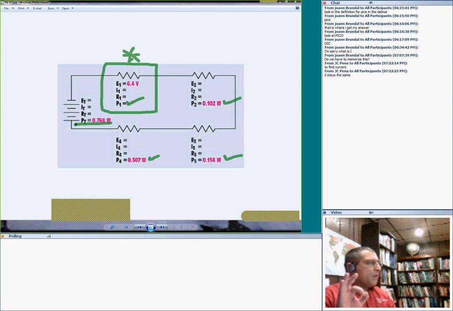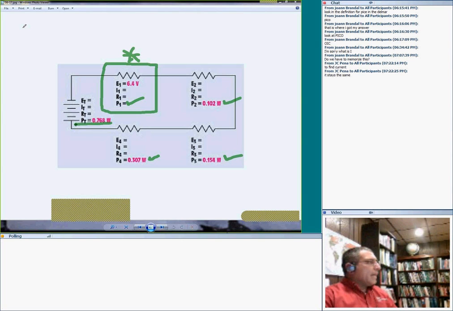If I find P1, since I have E1, I can find the current and find the resistor. And if I find the current in E1, it's the current in every one of these resistors, then I'm done. Question: why should I start by adding the power?